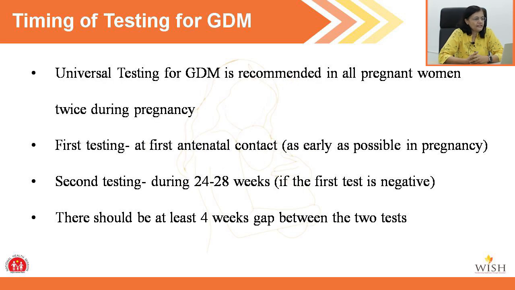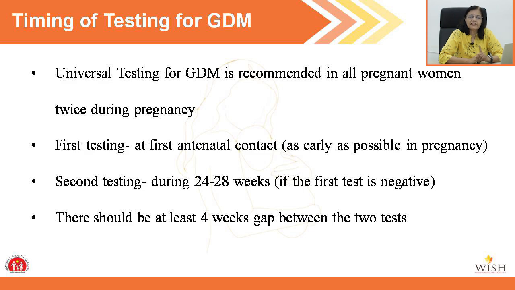Now, regarding the timing of testing, it is universally considered that all pregnant women should be tested for GDM twice during their pregnancy. The first testing should be done at their first visit at the ANC clinic. That visit may be in the first trimester or second trimester. So, at the earliest, the first test should be done.